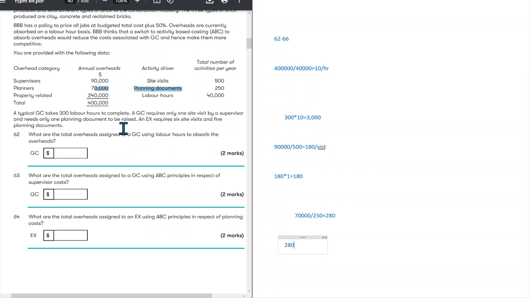If it only needs 1 planning document, did I hear it right? Okay, they are talking about EX. I was focusing on GC. An EX requires 6 site visits and 5 documents. So multiply by 5 becomes 1400.